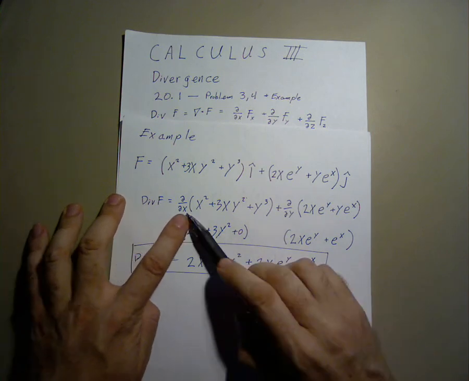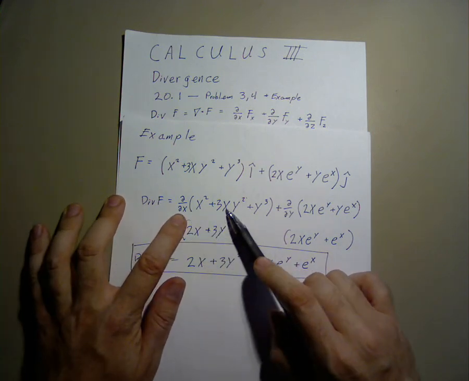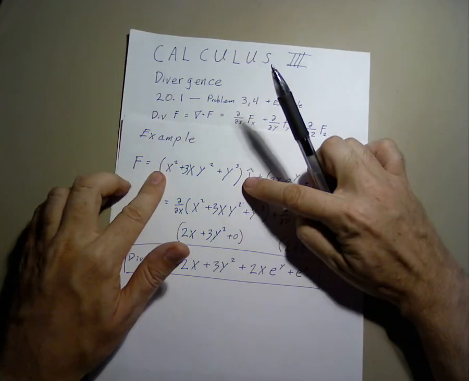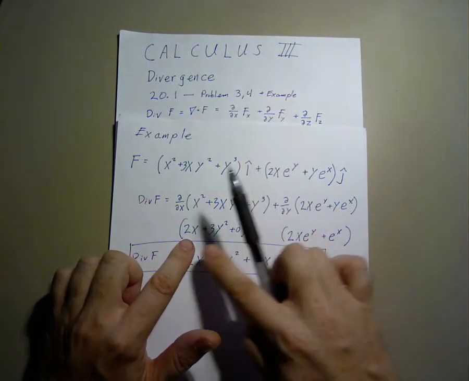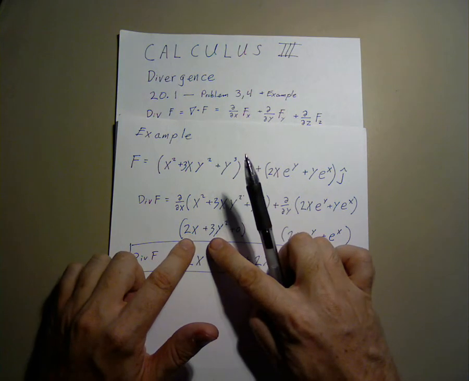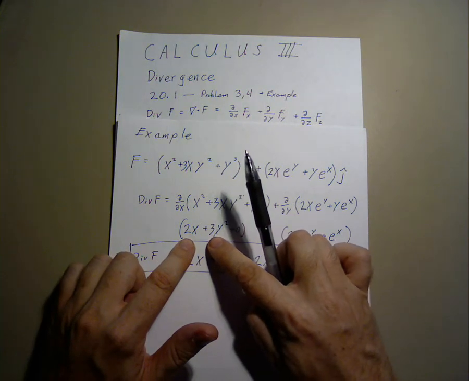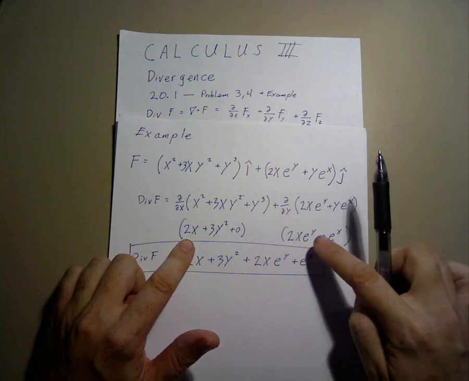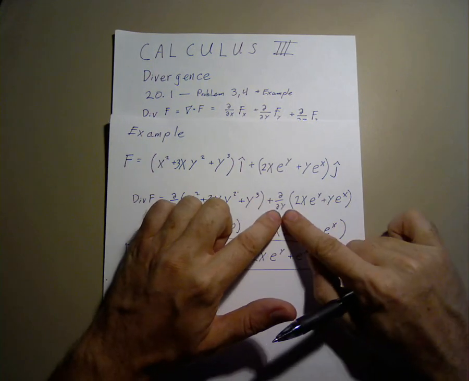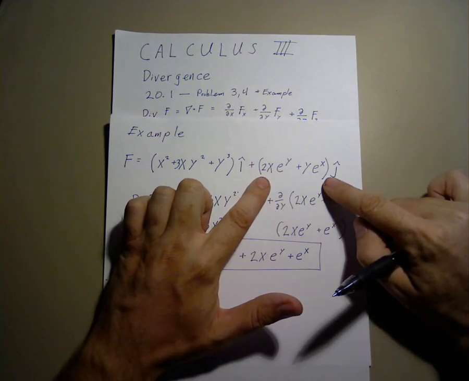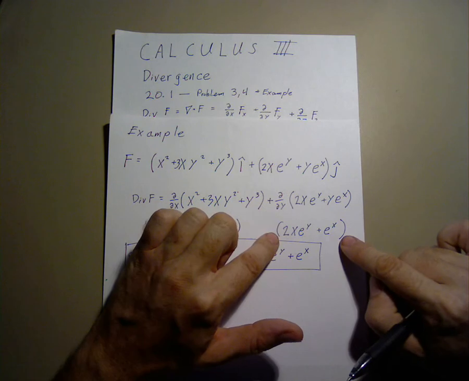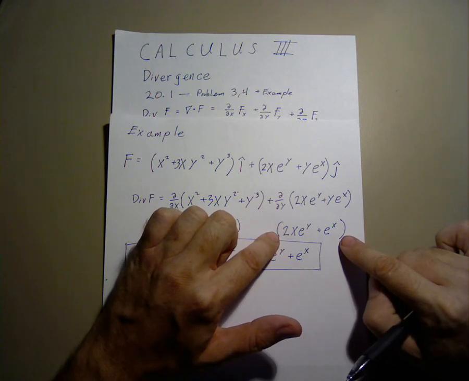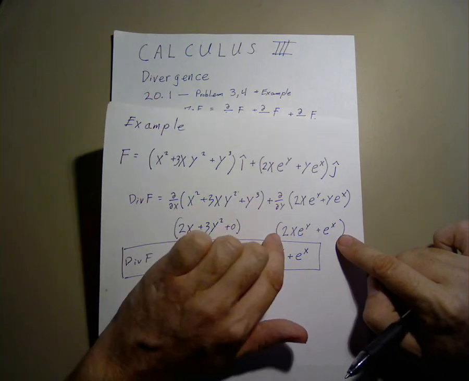In this case, we take the partial x derivative of the x part, which gives us 2x plus 3y squared plus 0, and the partial y derivative of our j component, 2x e to the y plus y e to the x, which gives us 2x e to the y plus e to the x.